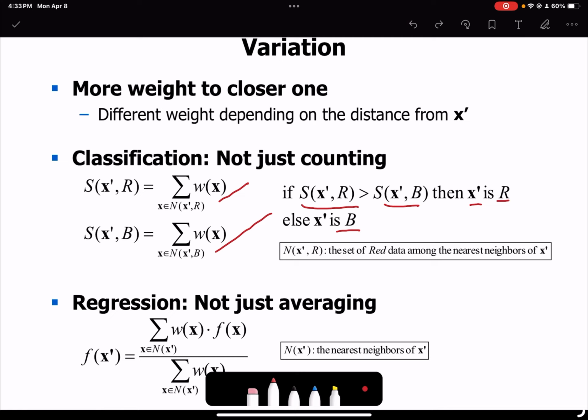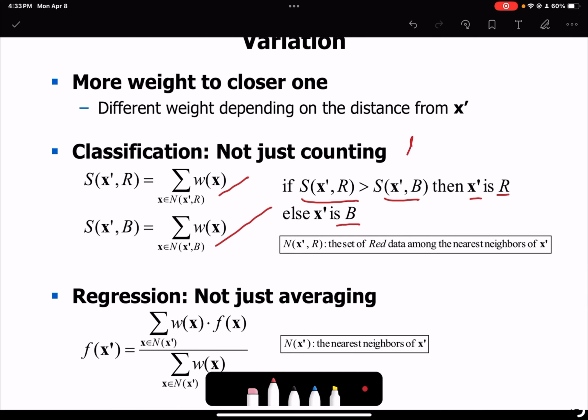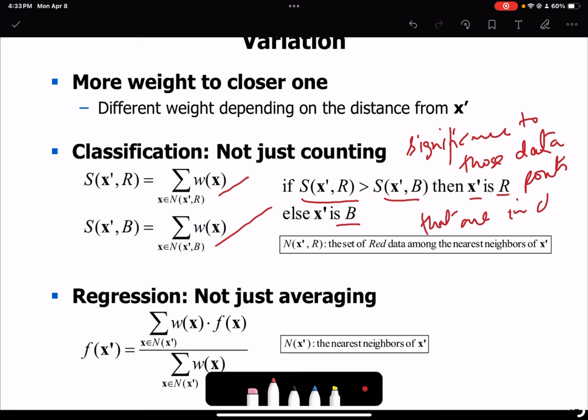So we are not just counting, we are putting weight or significance to those data points that are in close proximity to the point under consideration.